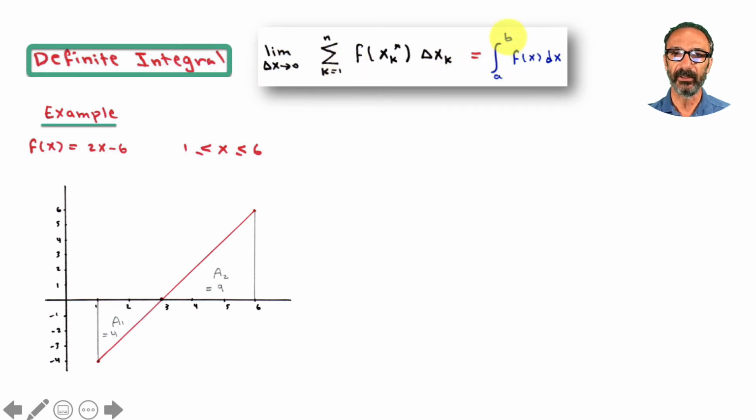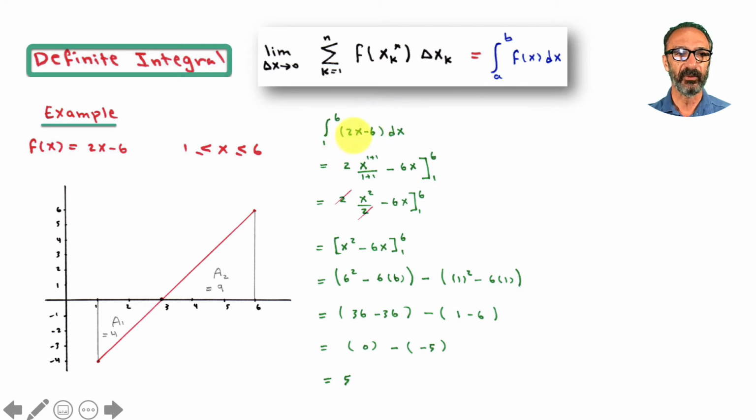We're going to go from a to b, and delta x becomes too tiny. With the integration, after you apply the limit, we call it dx. Instead of calling it f of x sub k star, we're just going to call it f of x. So this is what and where integration started: Riemann sum, partition it enough times where delta x becomes 0 for each subinterval, apply the limit, write it in short, and that's called integration.